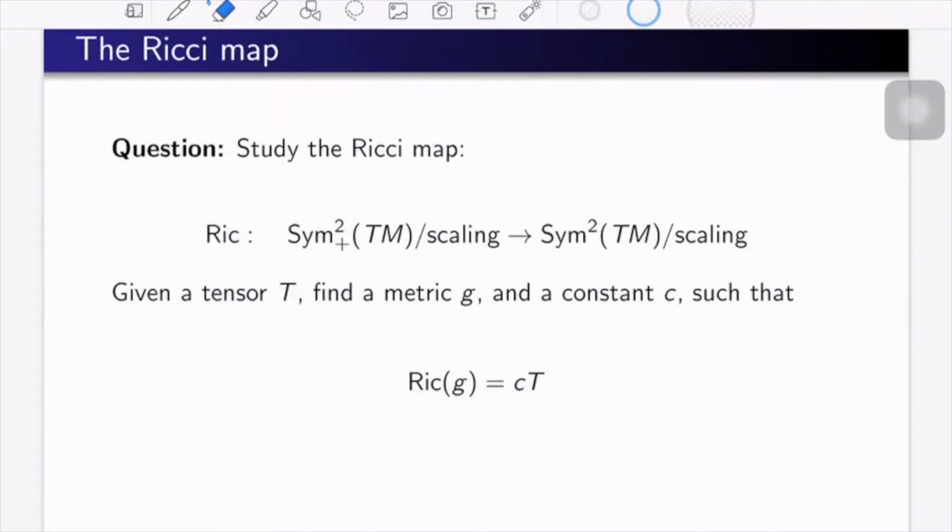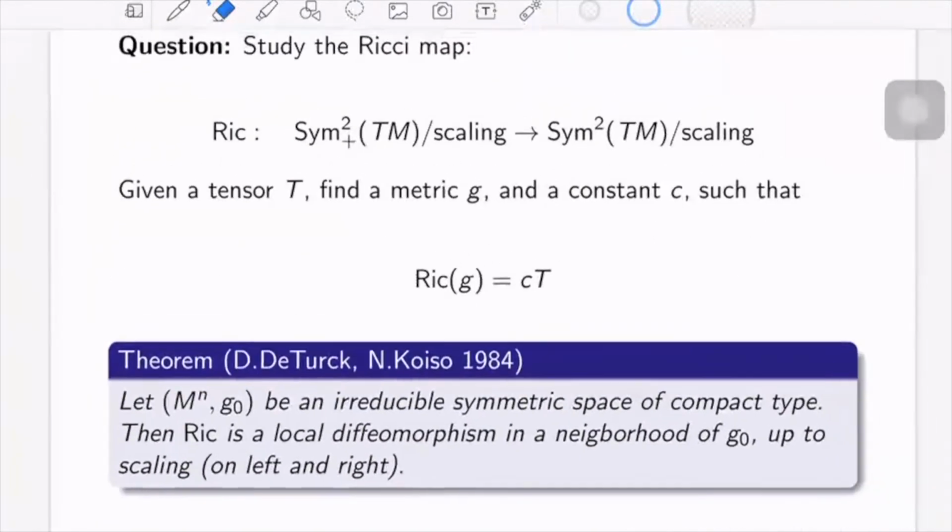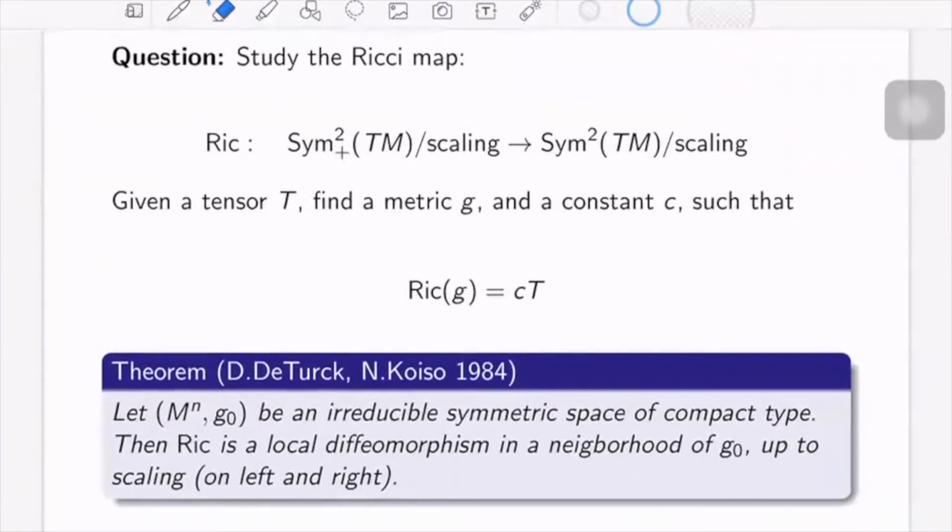Another one of my favorite theorems, also by Dennis DeTurck together with Koiso, shows that this Ricci map is a local diffeomorphism, modulo scaling, if the metric itself is an irreducible symmetric space. Of course, for the metric itself, if T is G0, you have a solution, just the symmetric space metric itself, since it is Einstein.